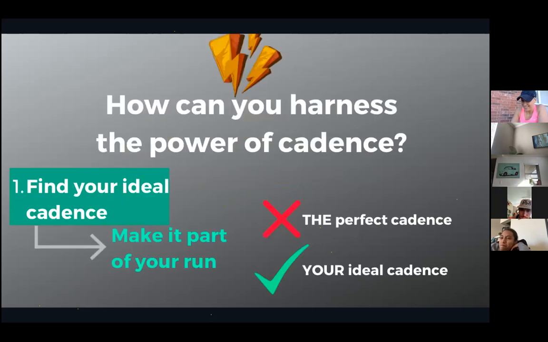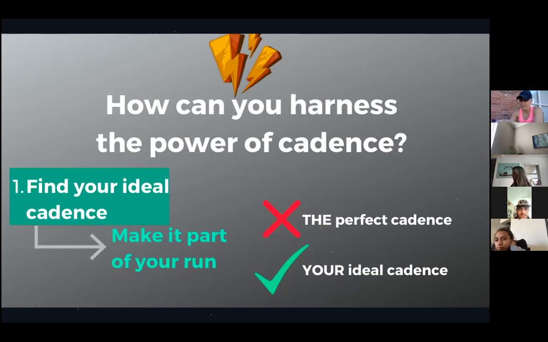And so that's a cue that's really quick and easy. And we know how things would not be successful with changing technique. It doesn't work when you give people an external cue of saying, I want you to strike the ground close to your center of mass. Giving someone a verbal cue like that just simply doesn't work. But cadence is a means by which we can decrease that overstride.